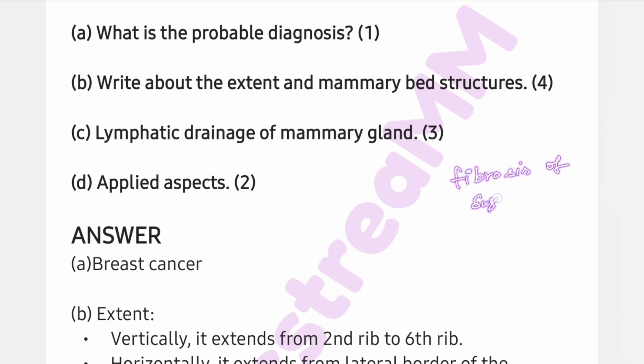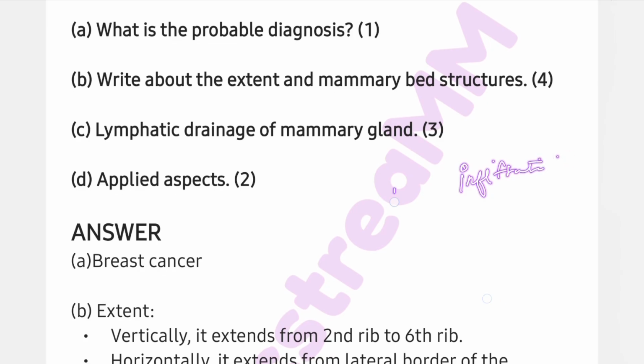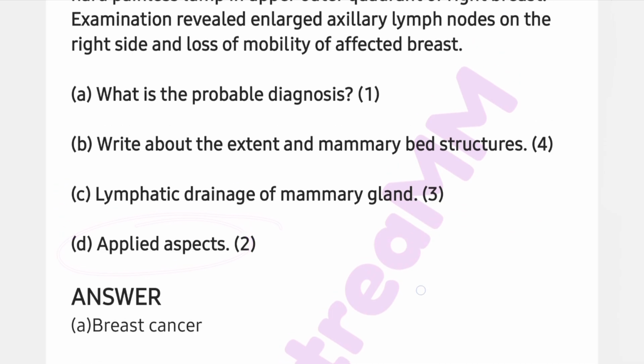And you can also write about retraction of skin. This happens because of infiltration of the suspensory ligament of Cooper. And you can write about peau d'orange, which is basically an orange peel-like appearance that happens because of obstruction of superficial lymphatics. This also you have already learned.